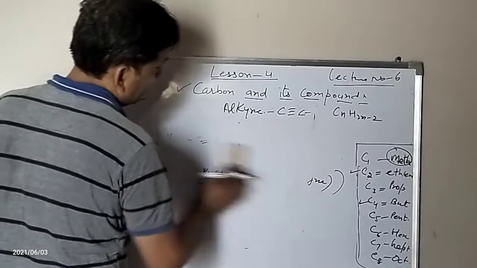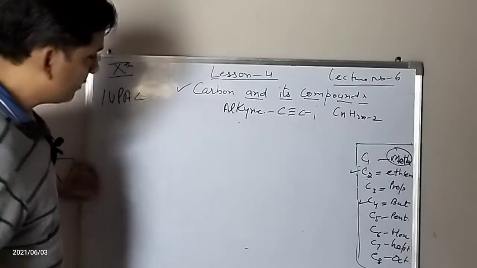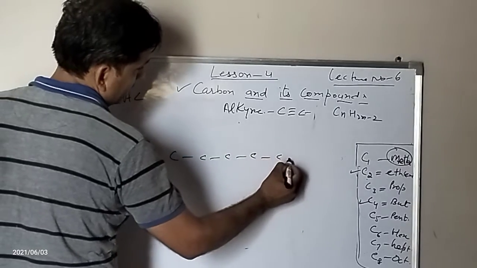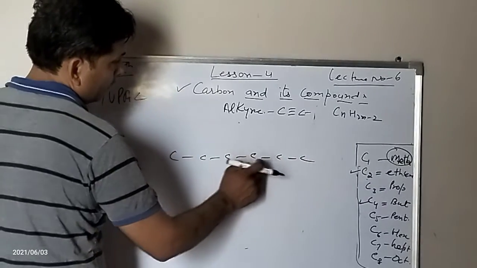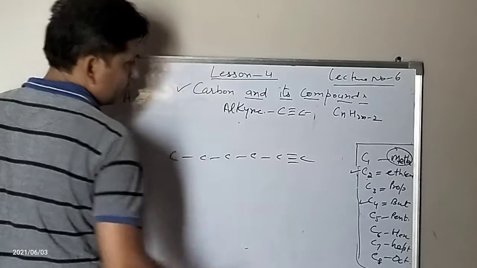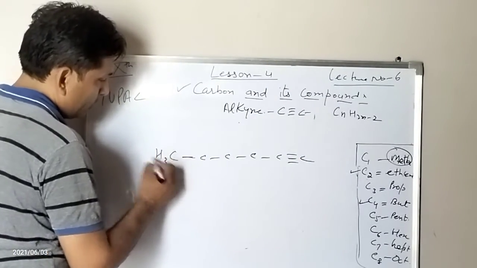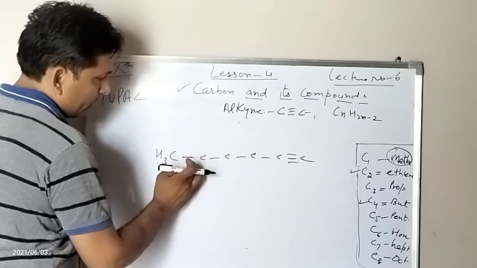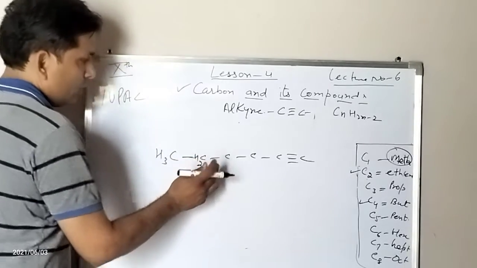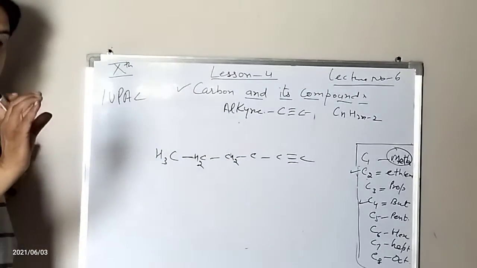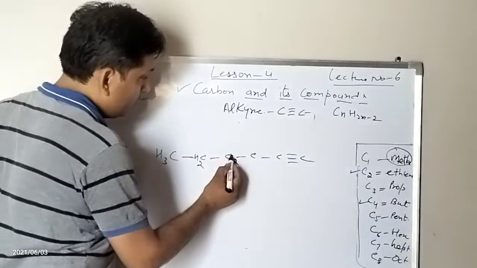Now let's come to the next member, or say some other member. Suppose 1, 2, 3, 4, 5, 6. Here I have shown the triple bond. Now one bond is there, it can combine with 3 other hydrogen atoms. 2 bonds are there, it can combine only with 2. 2 bonds are there, it will also combine with 2. You have to make the sum equal to 4.